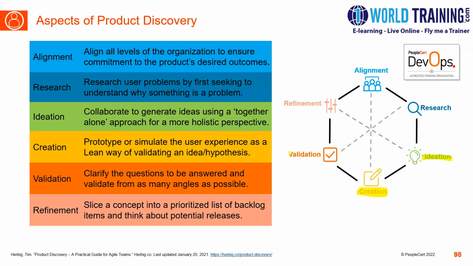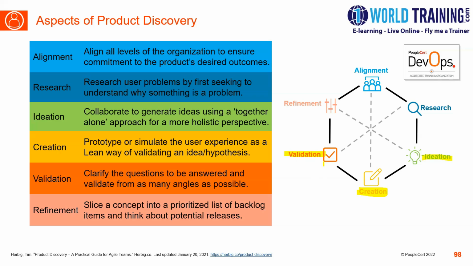After creation, the next important thing is validation. Once you have created a prototype and the basic user experience which is required, we need to get some of the things clarified. So you need to get the validation of the product which is created.